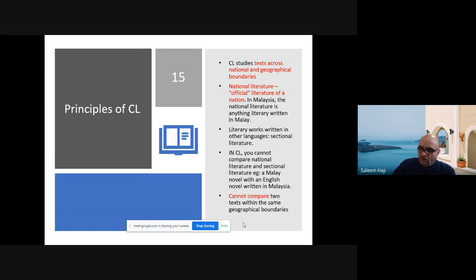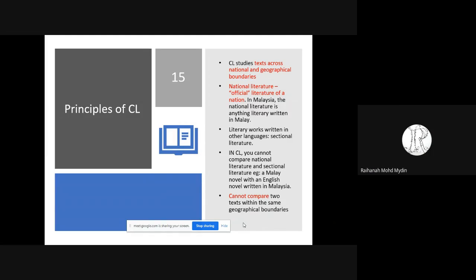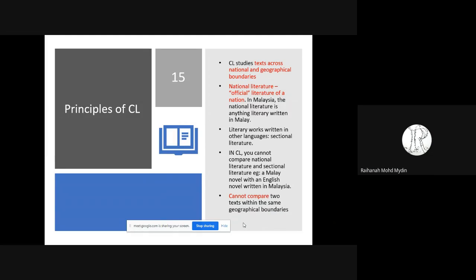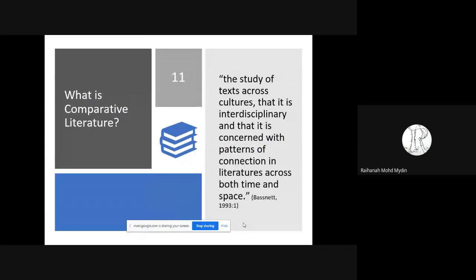Yeah, and also there is a language of Assyrian. I mean, Christian people who speak a special language, and also there is another language which comes from Turkey. We call it Turkoman. It's a language spoken in some special areas in Iraq. Okay, but all of them are within the border of Iraq. Right. Okay. So as you can see, again, back to the definition of comparative literature as studying texts across cultures.